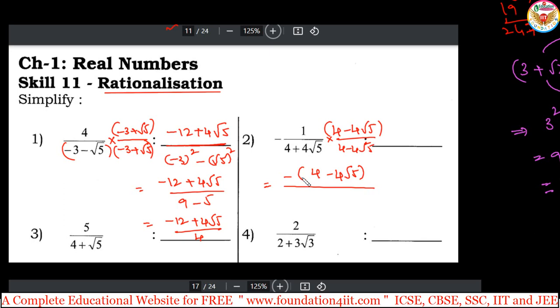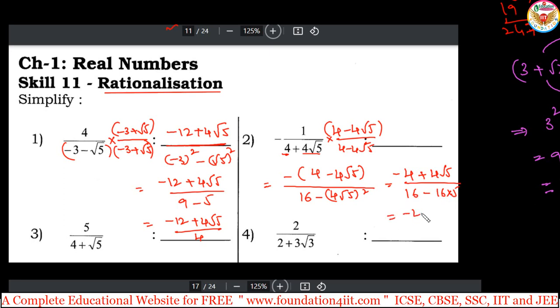Now the a plus b into a minus b formula. This is a plus b, a minus b. 4 square 16 minus 4 root 5 whole square. Square should apply for 4 and for root 5 also. If we simplify, minus 4 plus 4 root 5 divided by 16 minus 4 root 5 whole square. 4 square is 16 into root 5 square is 5. So 16 into 5 is 80.